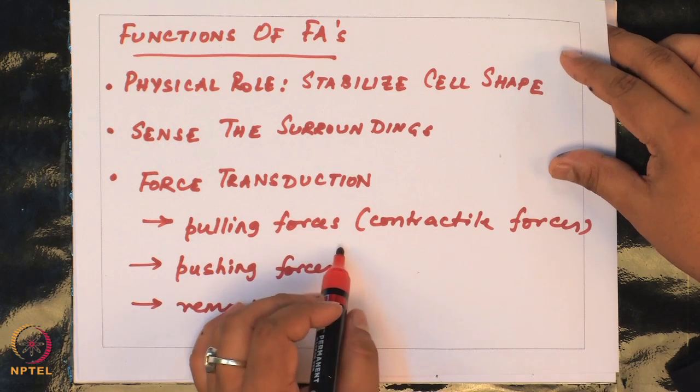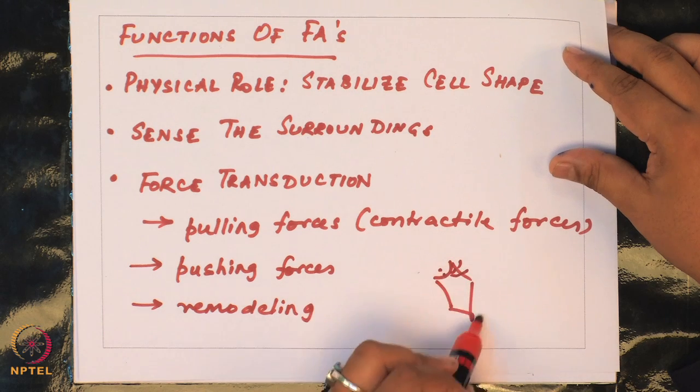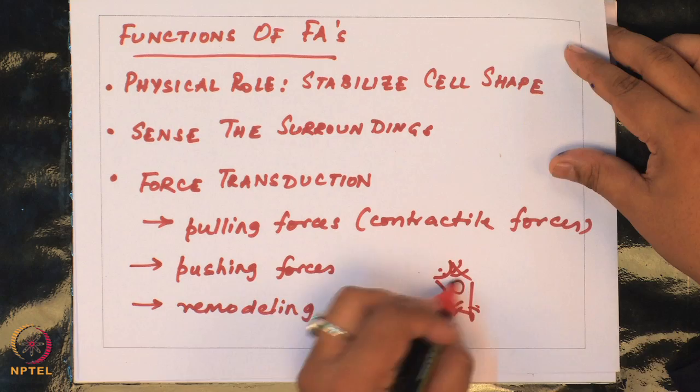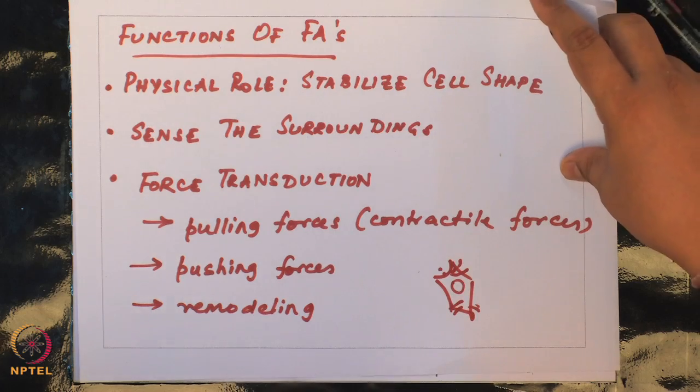So, pulling forces or contractile forces are what induce these wrinkles in cells, right. I found, which you have seen, the presence of these wrinkles, and that is what pulling forces induce, wrinkles in the matrix. Where would be an example of pushing forces?